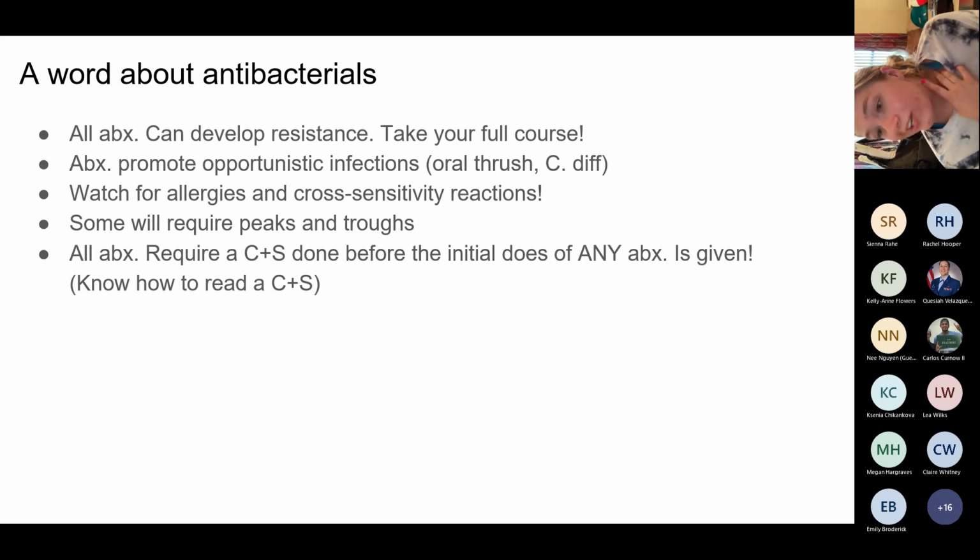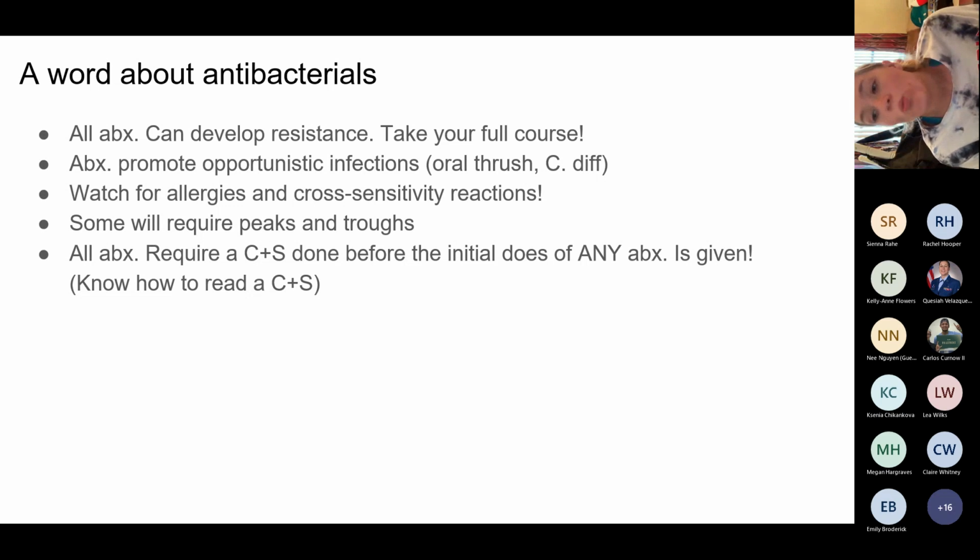And in our kidney care lecture, we talked a lot about heavy hitters. What really trashes the kidneys? NSAIDs and antibiotics. Okay, so please keep that in mind while your patient's on any antibiotic. We're really going to be looking at their kidney function. Okay. And finally, all antibiotics require a culture and sensitivity test prior to starting any medication.